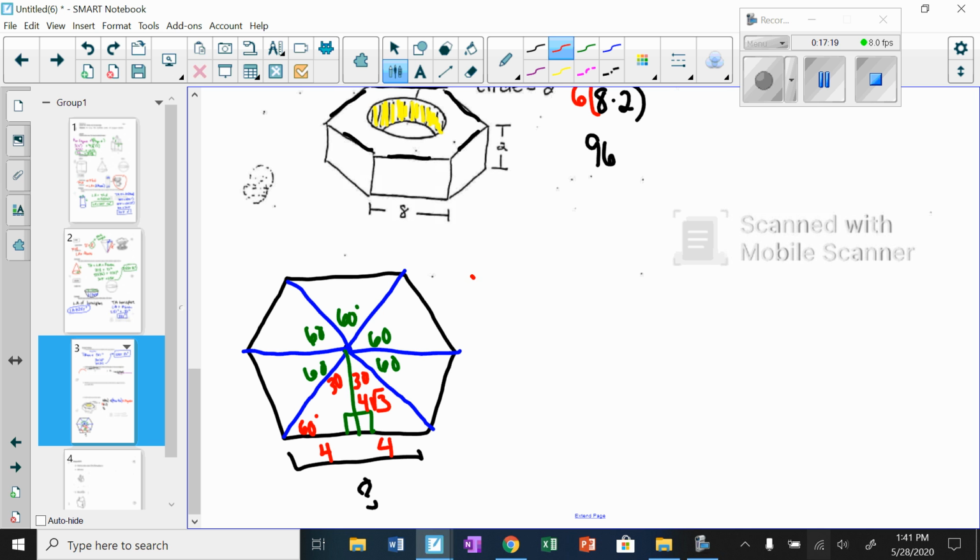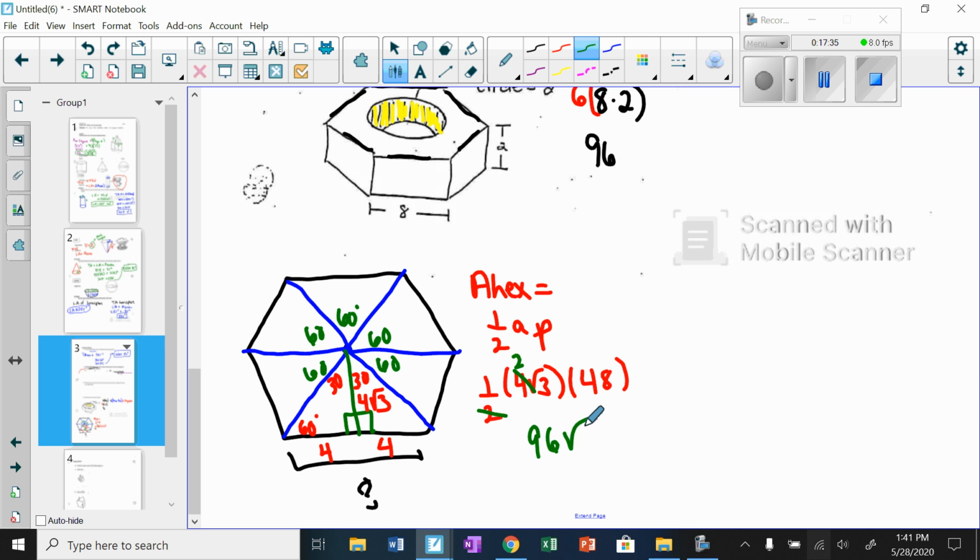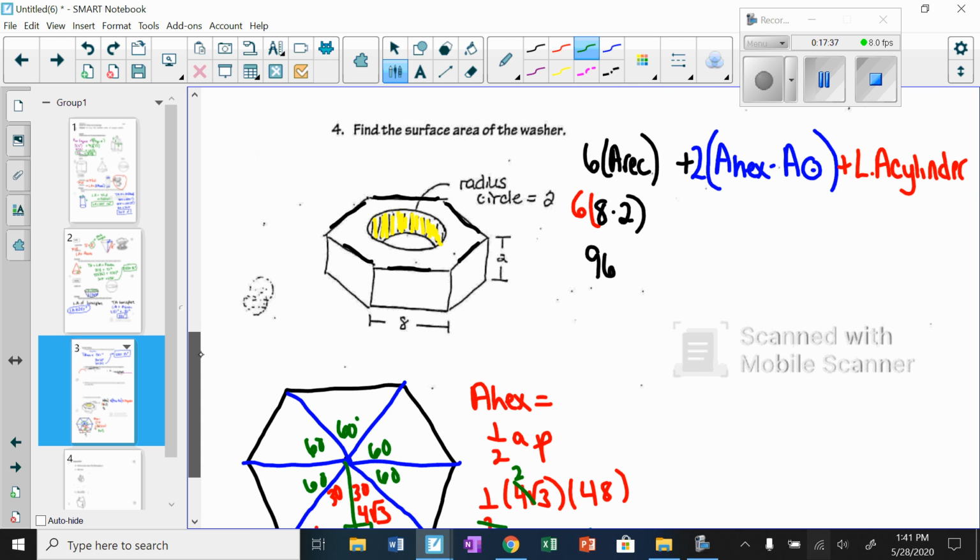So now the area of the hexagon is going to be half the apothem times the perimeter. So we're half 4 root 3, and the perimeter is 48. Half of 4 is 2. 2 root 3 times 48 is 96 root 3.